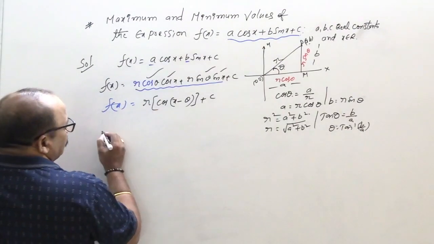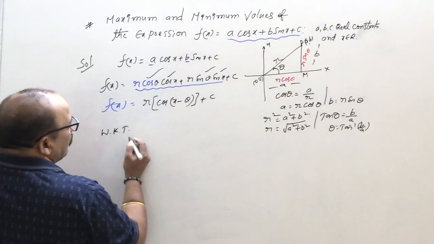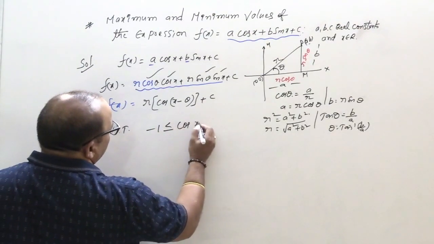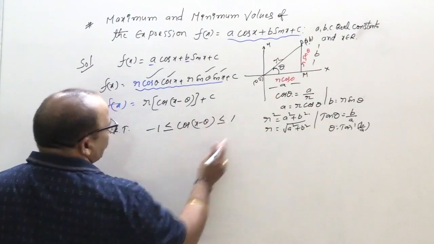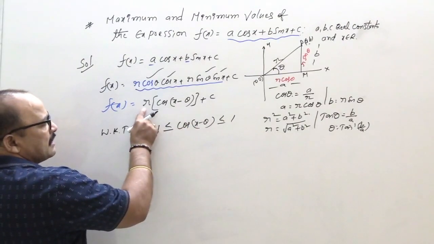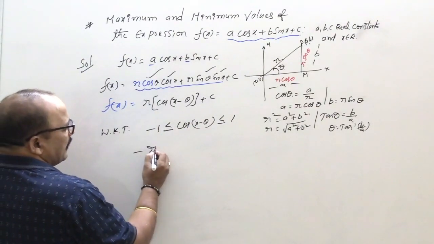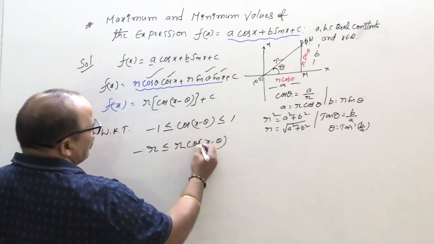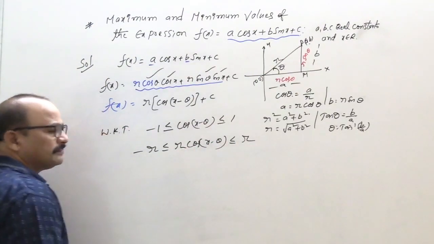We know that minus 1 is less than or equal to cos of x minus theta, which is less than or equal to 1. Before this r is there, students, so multiply r into cos of x minus theta: minus r is less than or equal to r cos of x minus theta, which is less than or equal to r.